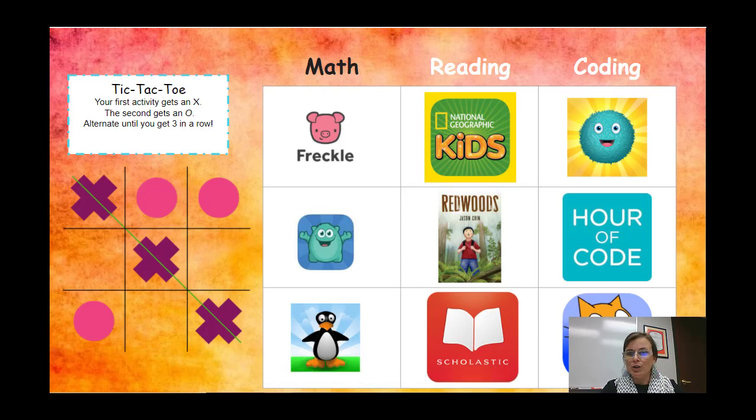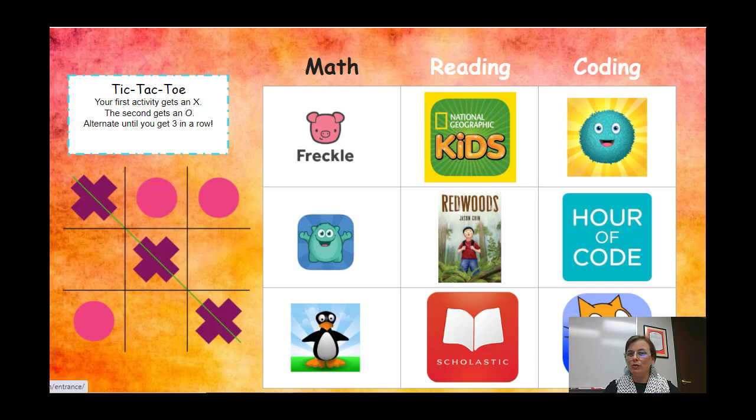Another option that you could have is that students are encouraged to do a certain path to be able to get an example here, tic-tac-toe. So I could arrange the tiles in this table to make sure that it's really what I'm wanting the kids to work on or to get a different activity each time.